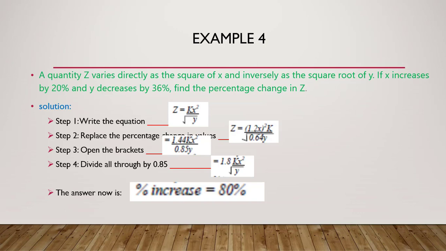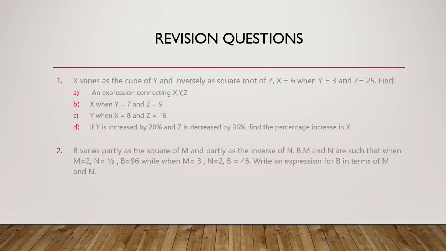Okay, thanks. It's simple. We have 1.8. 1.8 means it's 1.8 multiplied by 100. That is 180. And since it is above 100%, we take that one as an increase. Therefore, 180 minus 100, we get a difference of 80%, which is the percentage increase.